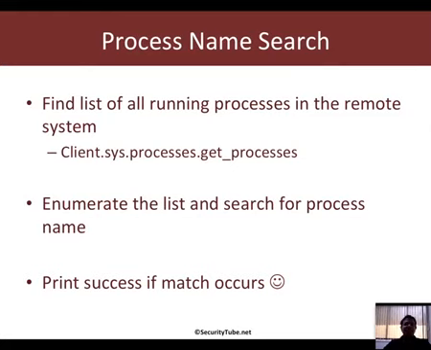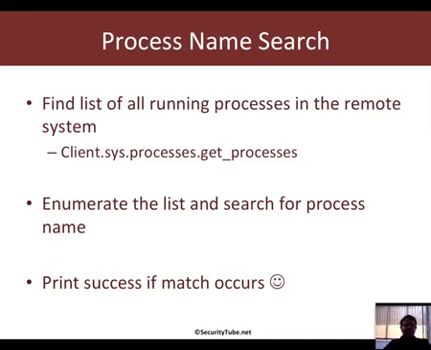Okay, so in the last video, what we saw was how can we take the Meterpreter script template, trivially modify it, and create the also powerful migrate Meterpreter script, right? In this video, we are going to look at how do you create a Meterpreter script to which we can give a process name as input, such as notepad.exe.